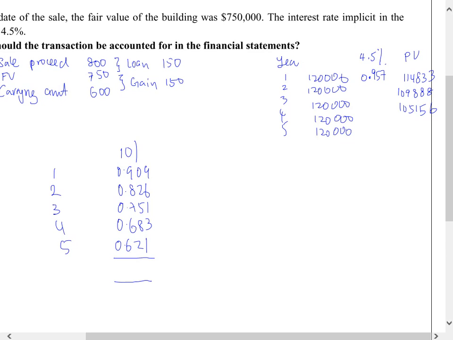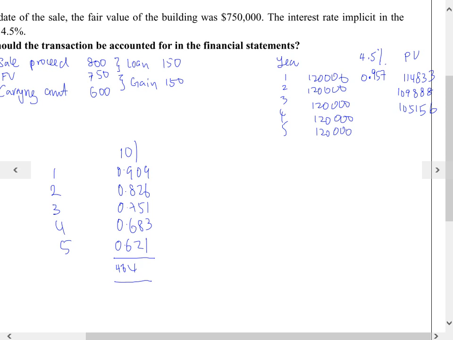And they will also give you the total of the 5 years. So if it's at 10%, you just take 120,000. I'm not sure how much they will give you here. Let's say it's 4.64, then you just take 120,000 times 4.64, you get the present value.